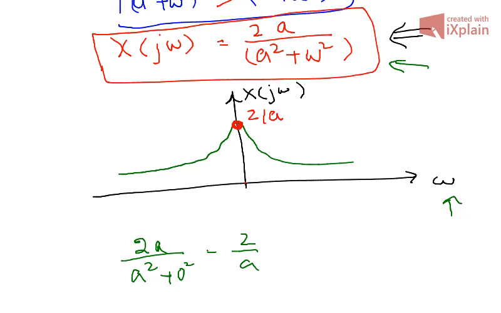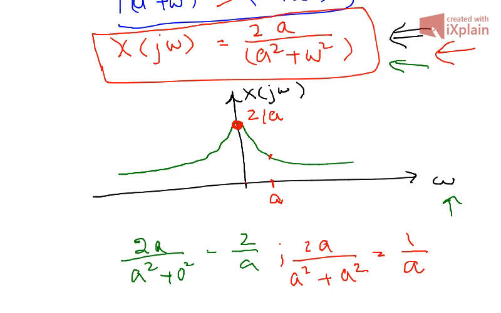Similarly, you can also find other values on this omega axis. For example, if you put omega equal to a, you would get 2a over a square plus a square. So basically it would be 1 over a. So this particular value would be 1 over a.